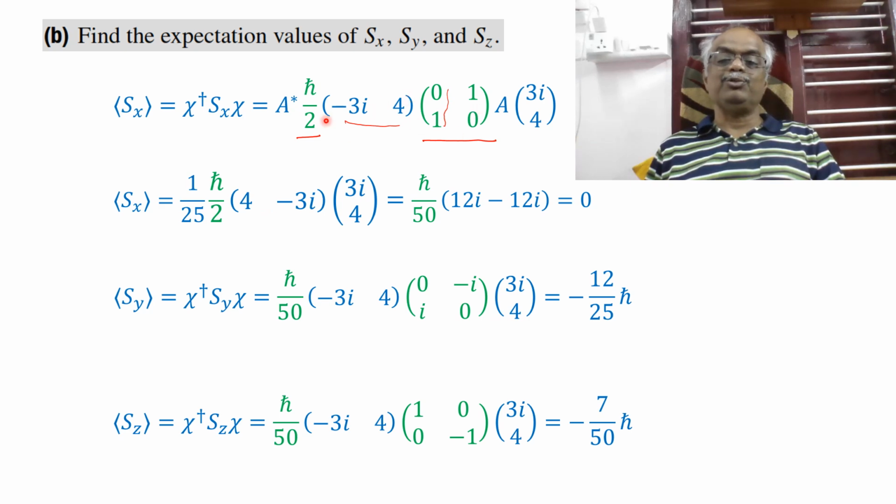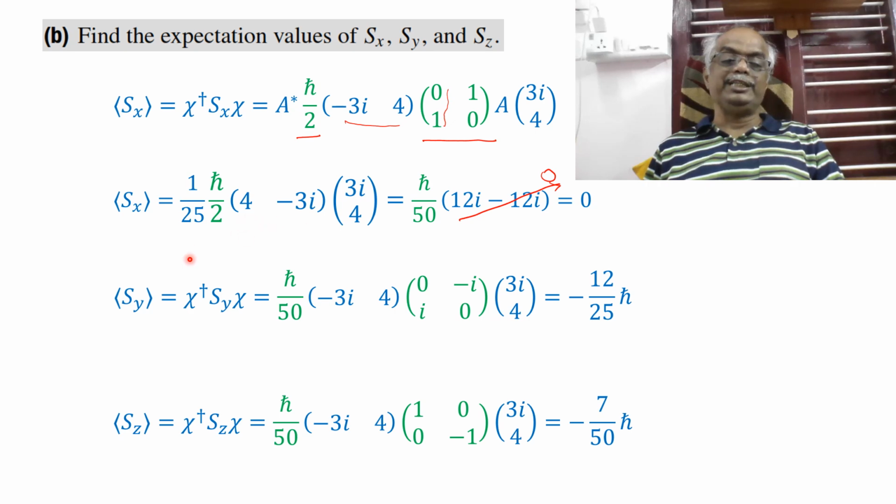Similarly, for the next one, 1 into 3 minus 3i is minus 3i, and 4 into 0 is 0. So you will get minus 3i. Then if you multiply this column matrix, 4 into 3i is equal to 12i. Similarly, minus 3i into 4 is minus 12i. So this will get cancelled and it will become 0.